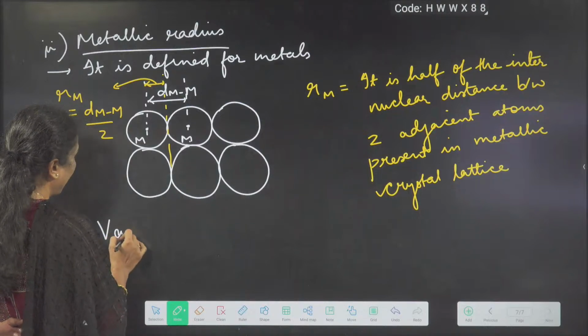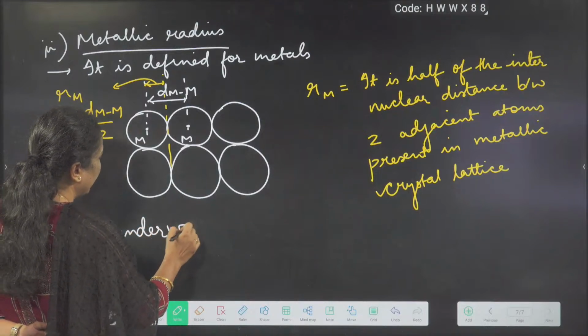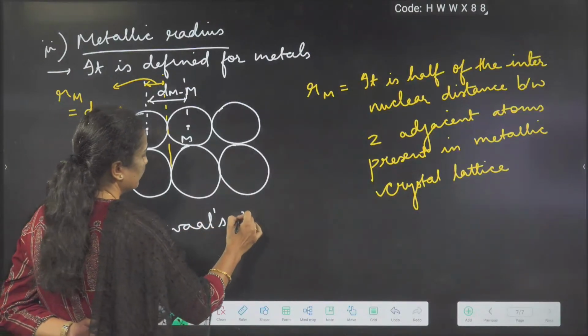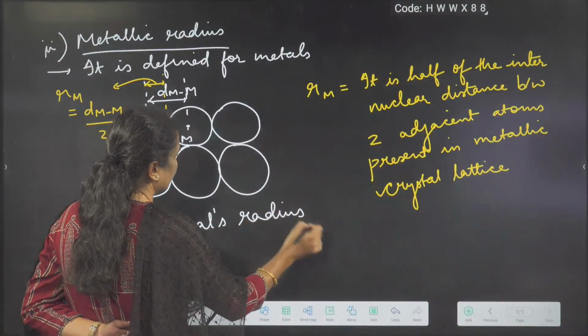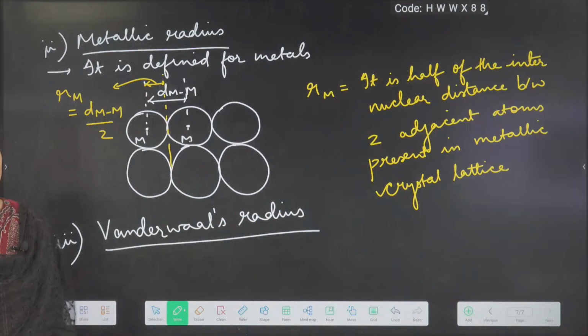So we will write down after this, which is van der Waals radius. Correct.